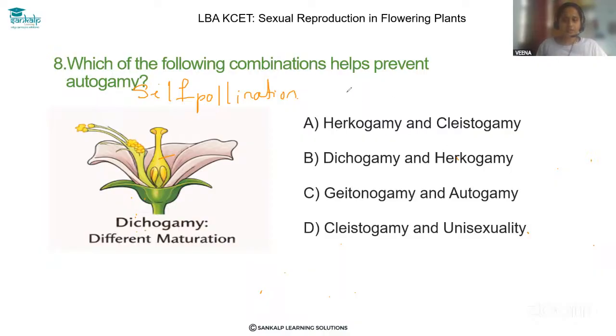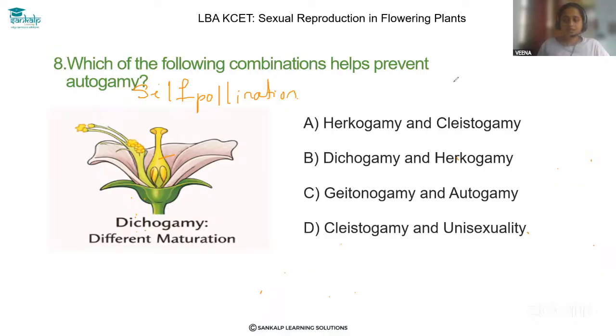And another process, hercogamy, is also another method, or outbreeding device, to prevent the self pollination. In this case, both the stigma as well as the anther are located at a greater distance.